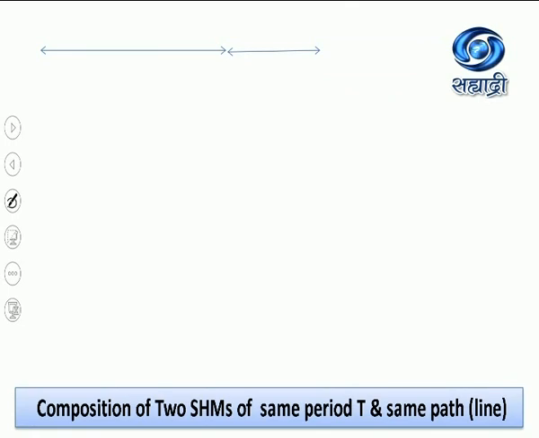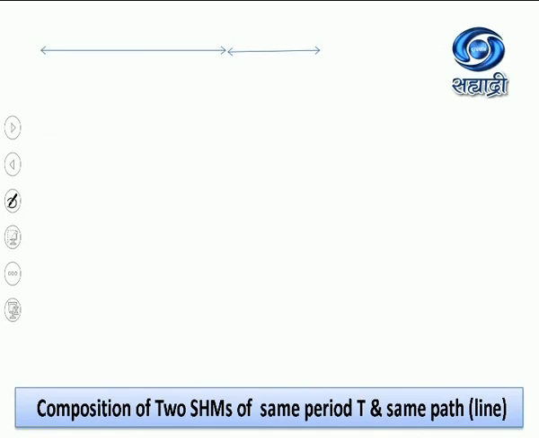But if a particle is subjected to two SHMs simultaneously such that both the SHMs are taking place along the same line or path, and the periodic time for both the SHMs is exactly the same, then will the combination of two SHMs be a SHM itself or not, what will be its resultant amplitude, what will be the resultant phase angle.